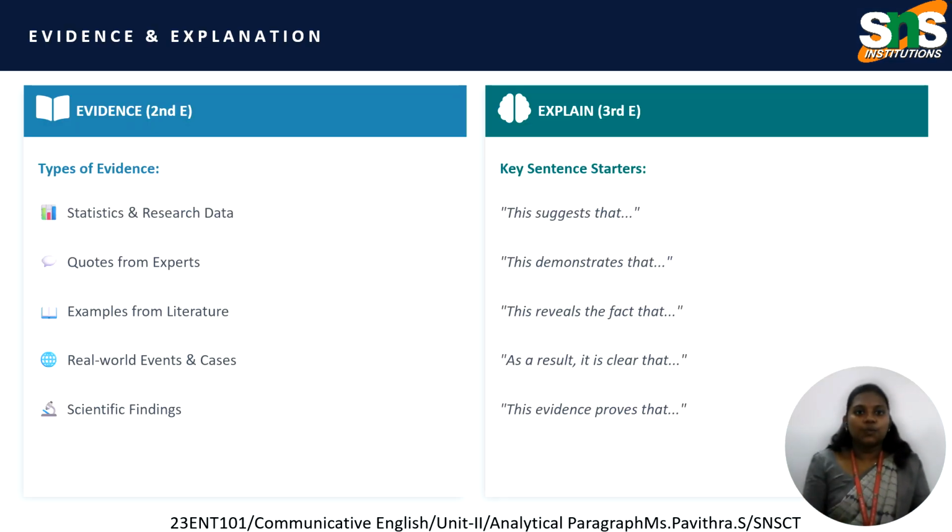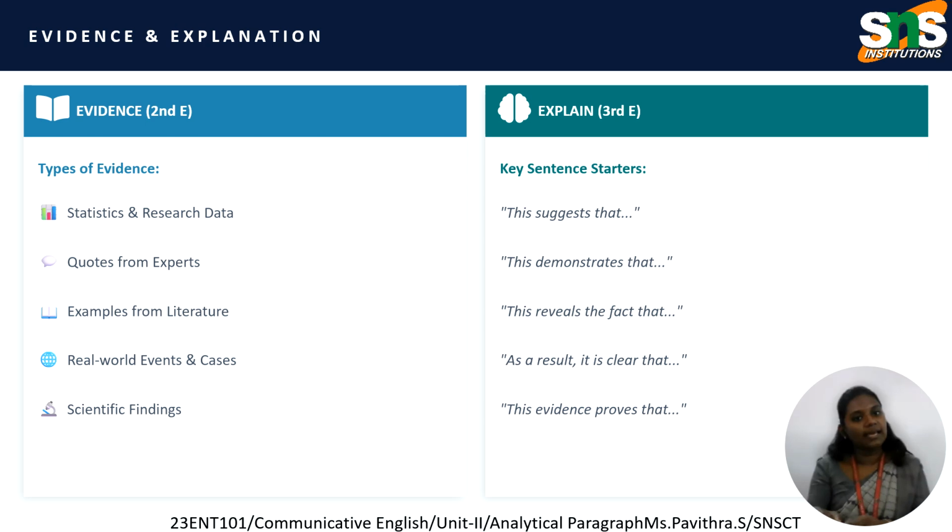Now, where do you actually find good evidence? Here are 5 reliable types: statistics and research data, quotes from experts, examples from literature, real-world events and cases, scientific findings. And once you have got your evidence, you need sentence starters to explain it.